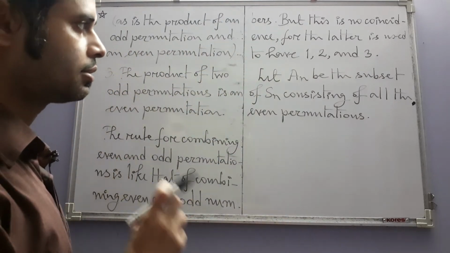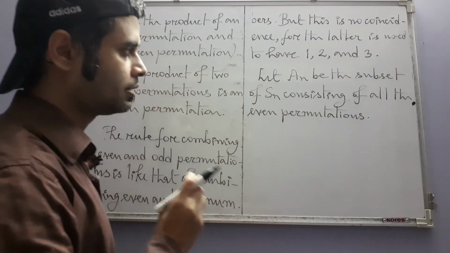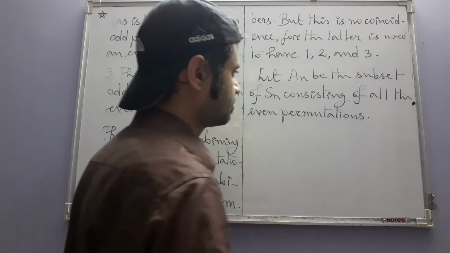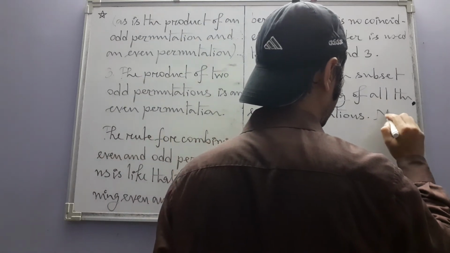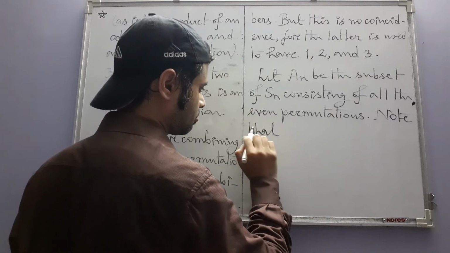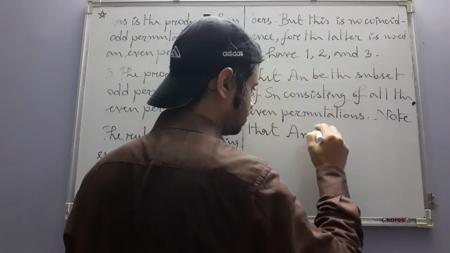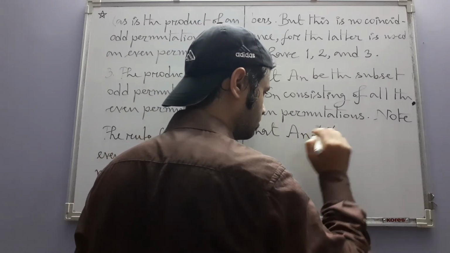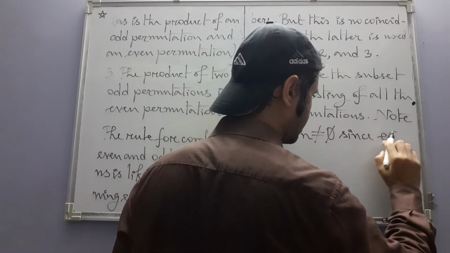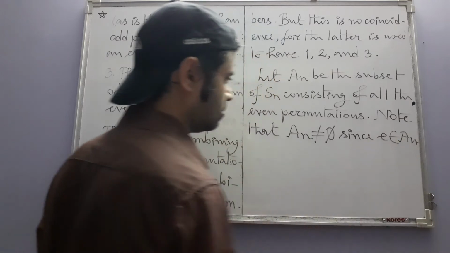So we have collected the even permutations in Sn, and we are calling that set An. Note that An is non-empty, since the identity element E in Sn belongs to An.